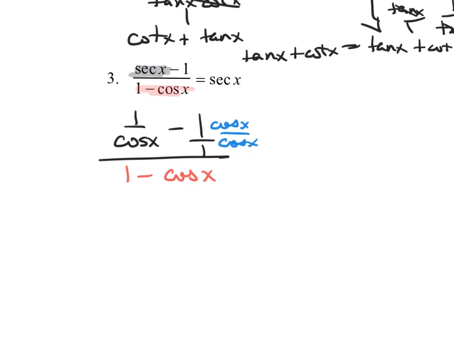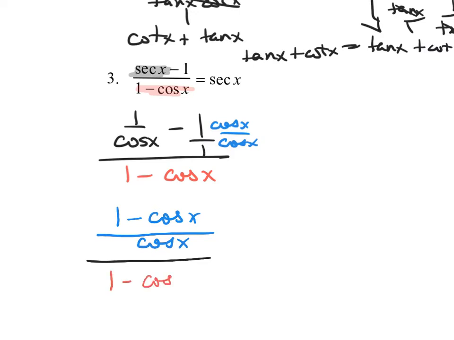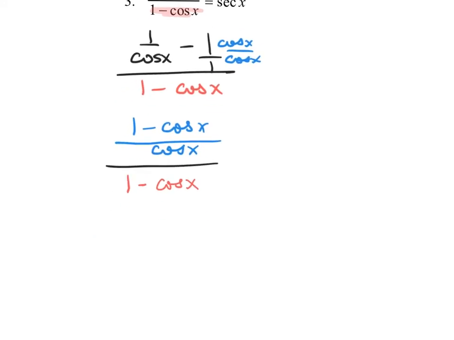So then my new numerator is going to be 1 minus cosine over cosine, and then divided by 1 minus cosine x. I'm going to do a keep flip change. So I'm going to keep the blue, and then I'm going to divide by the red. So when you divide fractions, you flip it to the reciprocal.